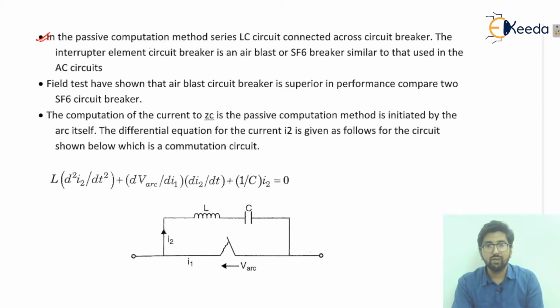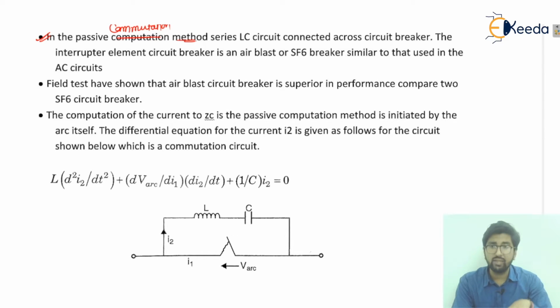In the passive commutation method, it will use a series LC circuit which is connected across the circuit breaker.